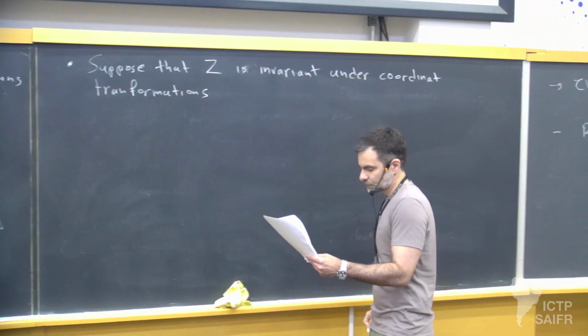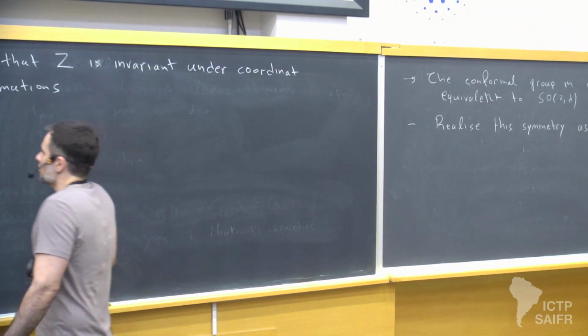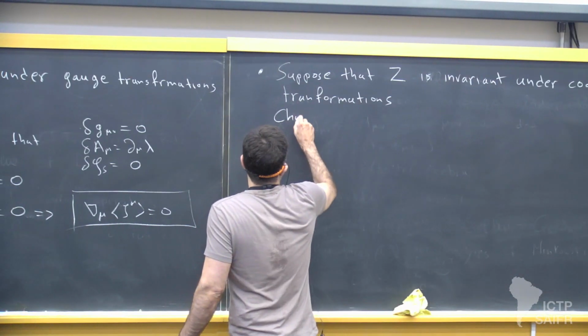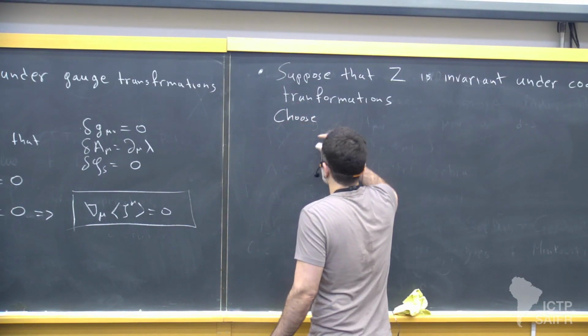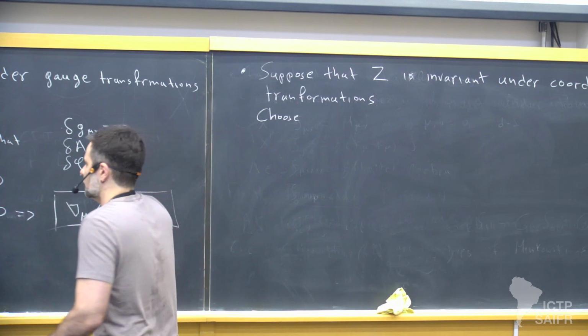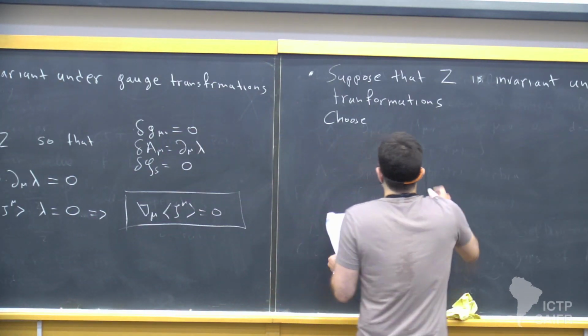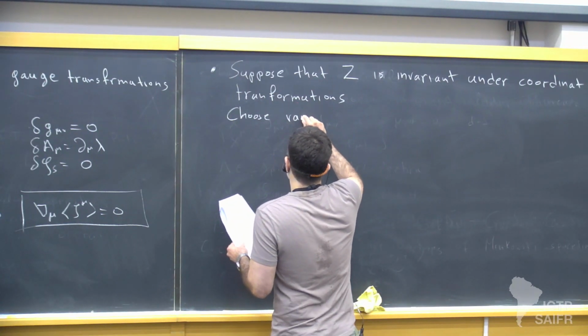Okay? And then I can choose a variation for the delta G, delta A, and delta phi s, which is generated by a coordinate transformation.